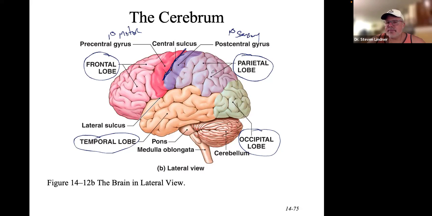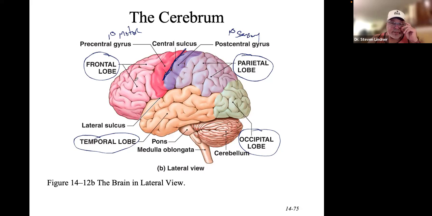Being able to identify that someone's touching your right shoulder, or looking at your right ankle and knowing that it is a little bit swollen compared to your left ankle, that's all parietal lobe that does that. Your frontal lobe is dealing with mostly inhibition, to inhibit your behaviors.